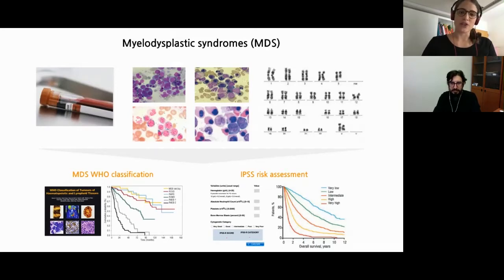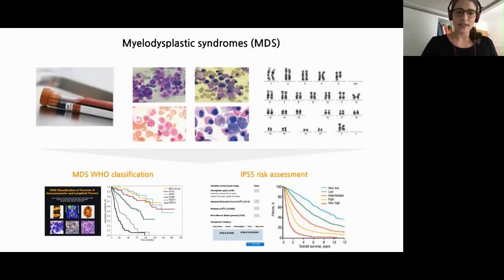management includes the evaluation of blood counts and bone marrow morphology, as well as conventional cytogenetics, to classify patients into different disease subtypes as per WHO classifications, and also to risk stratify patients into different risk scores as per the International Prognostic Scoring System, where patients are stratified into 5 different categories, with survival ranging from a year to 8 years or so across those categories.